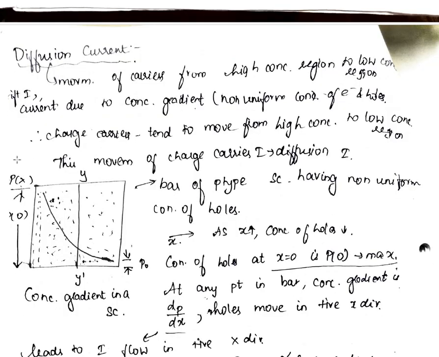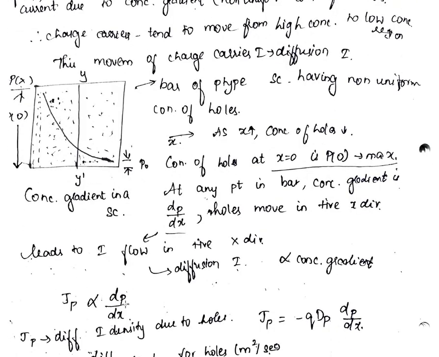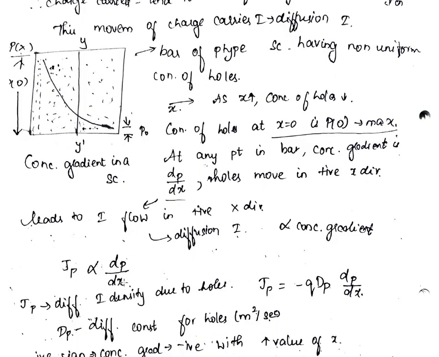Now for diffusion current, it is the movement of charge carriers from a high concentration region to a low concentration region. As x increases, the concentration of holes reduces, and so the formula is Jp proportional to dp by dx, where dp by dx is the concentration gradient.